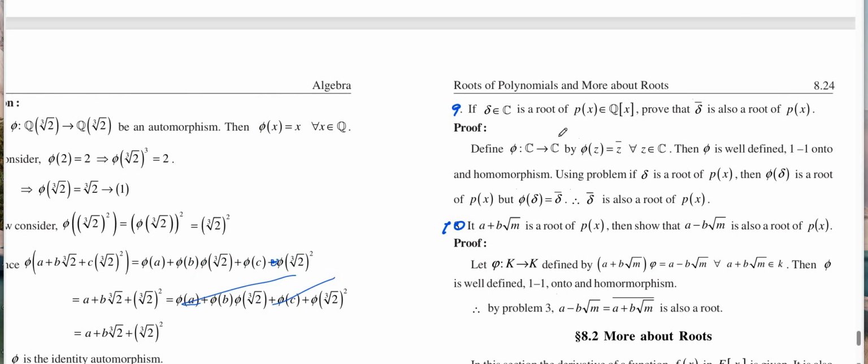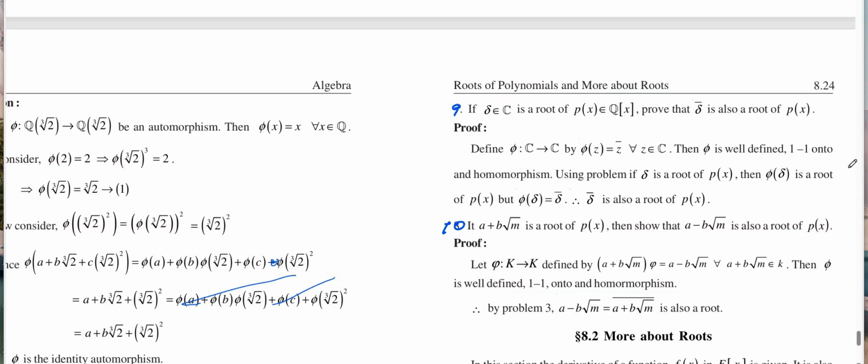And now we are going to prove that if delta is a complex root, delta conjugate is also a root of a polynomial over Q. So define phi from C to C by phi of z equal to z conjugate. We have already said that from C to itself we have two automorphisms: one is the identity and the other is conjugate.